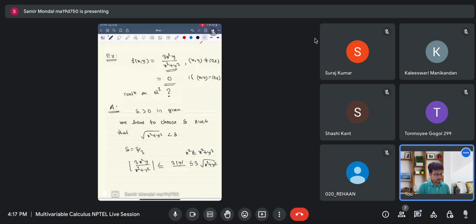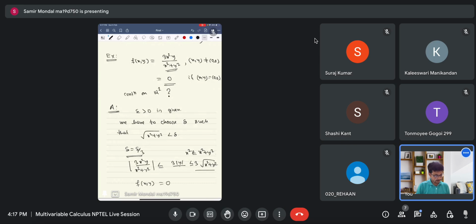So this is the obvious choice: 3 into 3 by epsilon is your delta. Someone can check it. So here we can say that the limit of the function f of x is 0.